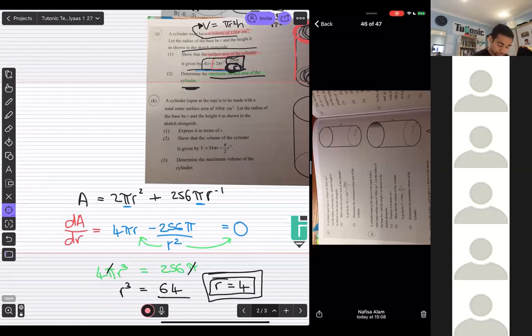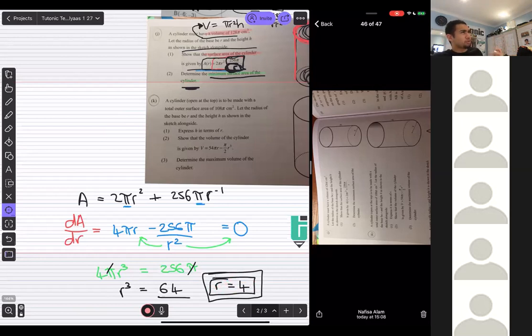But if they asked you what is the radius that will give you a minimum area, it's this. But if they ask you what's the minimum area, you sub this into the equation. Wait, say that again, please. If they ask you what is the radius that will ensure that you have a minimum area, this is your answer, because this is the radius.